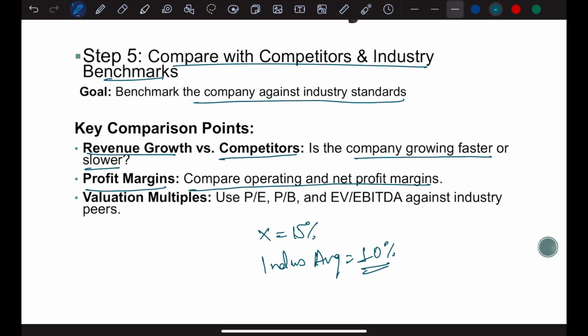Now this does not stop at net profit margin. We can definitely compare different things also, and these could be valuation multiples, which are price to earning, price to book ratio, and EV to EBITDA against industry peers.